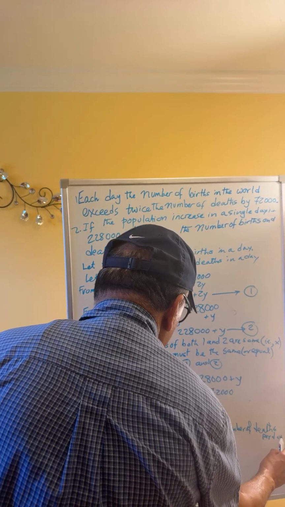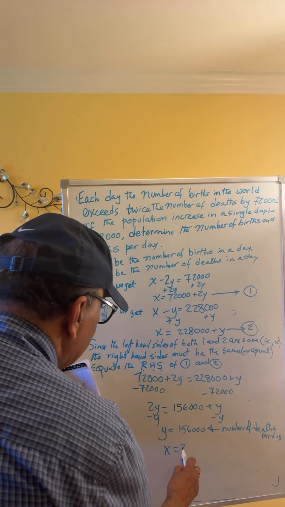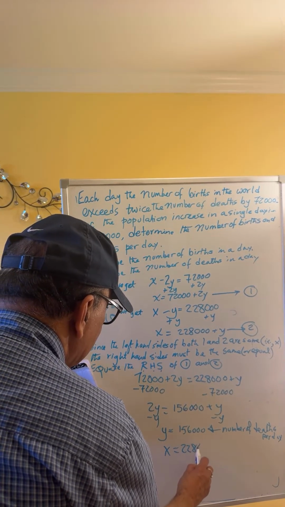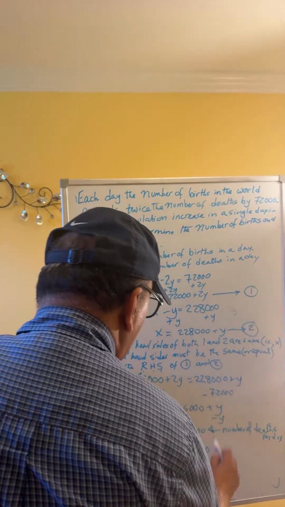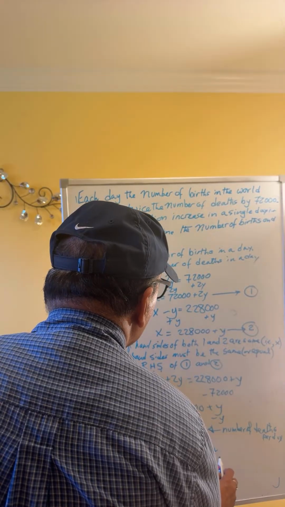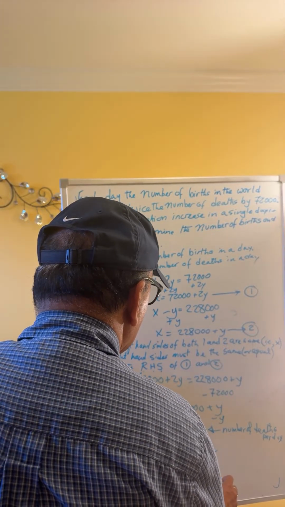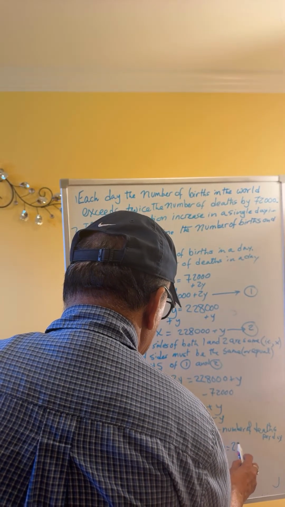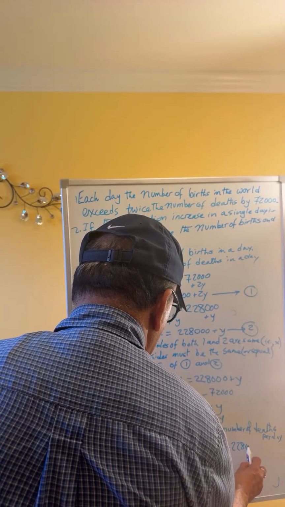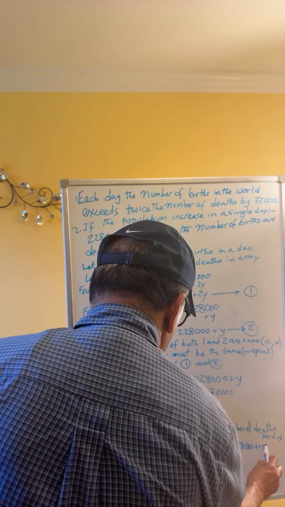And what is x? X is 228,000 plus y. Okay. So it is equal to 228,000 plus 156,000.